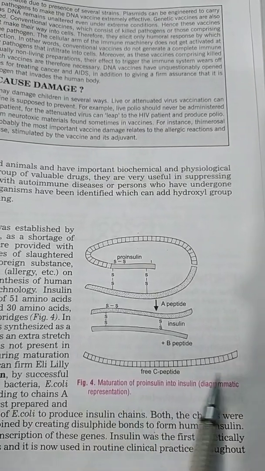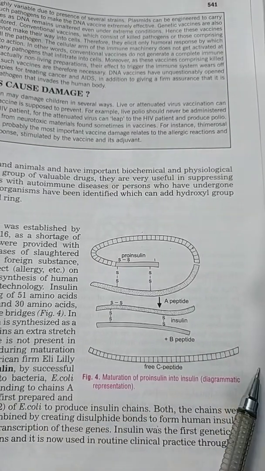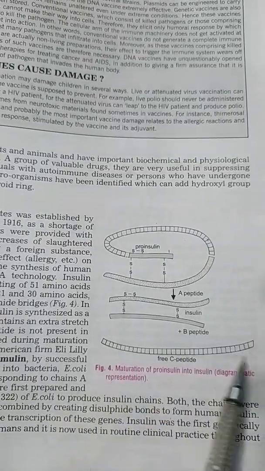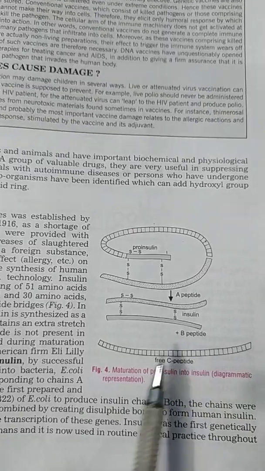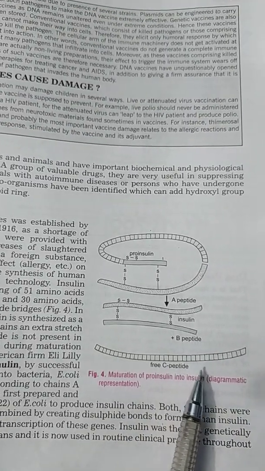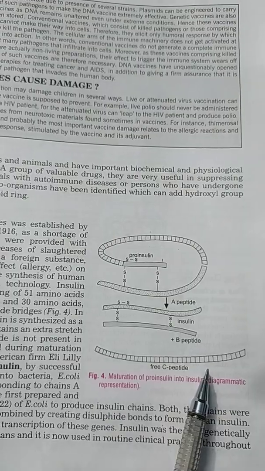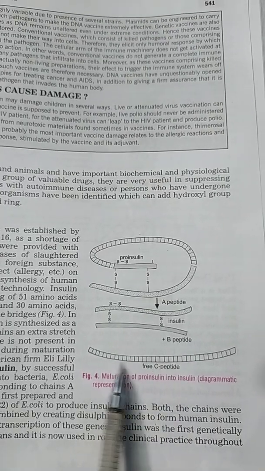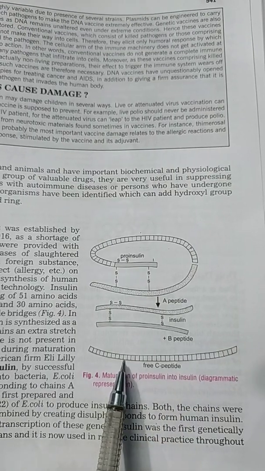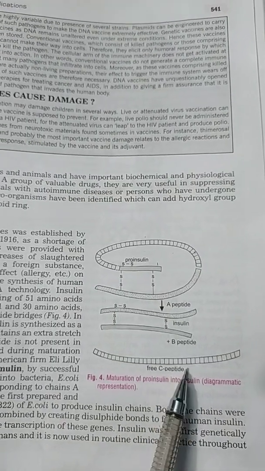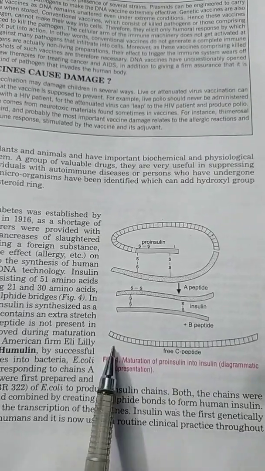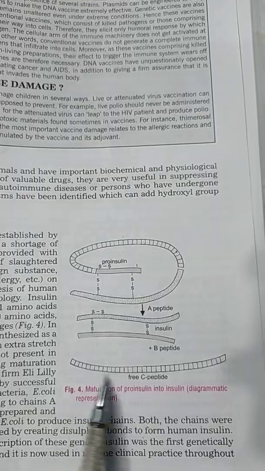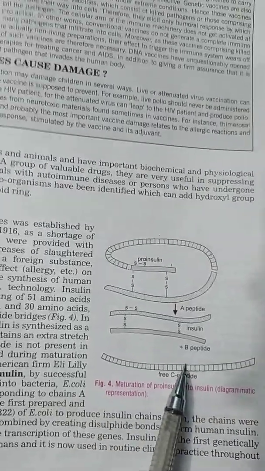Do you see this extra stretch which is attached to the proinsulin? This extra stretch is called the C-peptide. The C-peptide is not present in pure insulin and is removed during the maturation of proinsulin into insulin. Once pure insulin is made, the C-peptide is removed. But in proinsulin, this is an extended part of the chain.